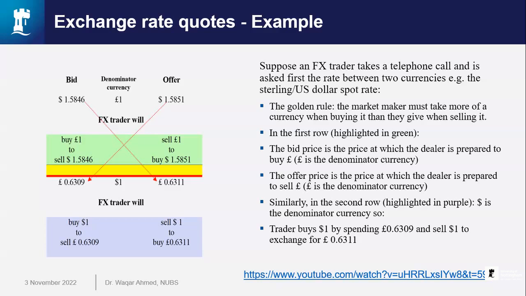The trader buys $1 by spending 0.6309 pounds and sells $1 for 0.6311. Again, you can see the trader buys at a lower price and sells at a higher price. Before we go any further, let me quickly show you this.